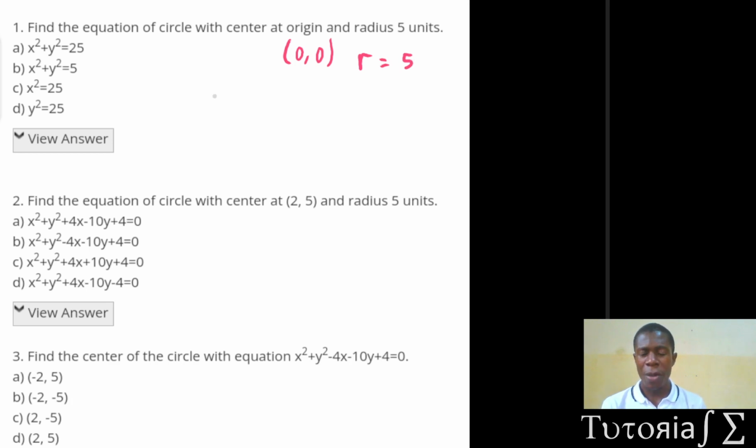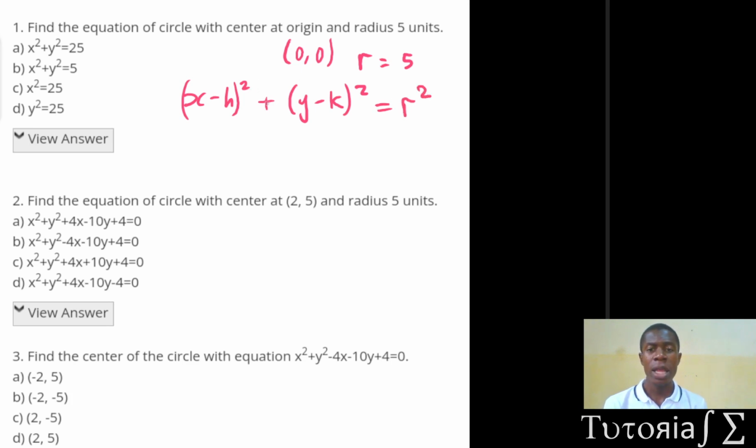Now remember, you need to remember the general equation of the circle, which is x minus h squared plus y minus k squared is equal to the radius squared. What you just need to know to find the equation of a circle is the center and the radius. So we have the center on the x-axis, 0, and on the y-axis we have 0 as well.